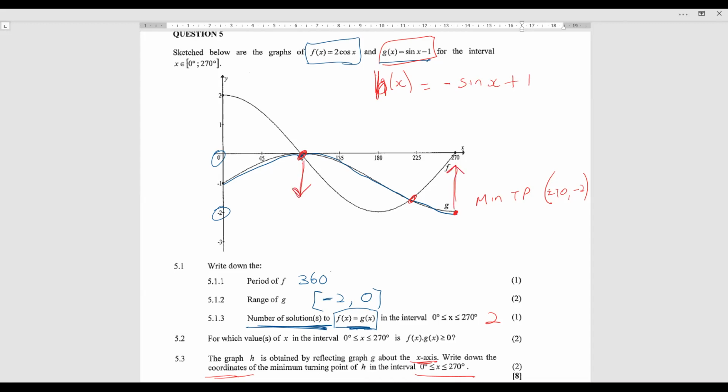So this point now will go to the coordinate 90, minus 2. So that would be our answer, 90, minus 2. That would be our minimum turning point. This now, when we reflect, becomes the maximum, and this will become the minimum. Are we in agreement there?